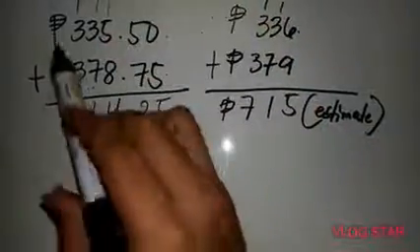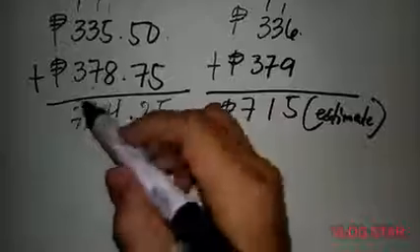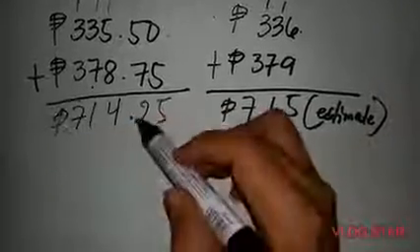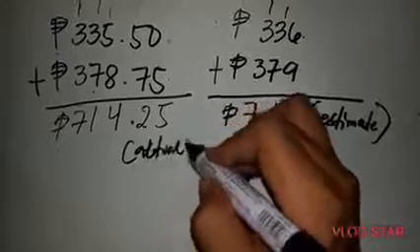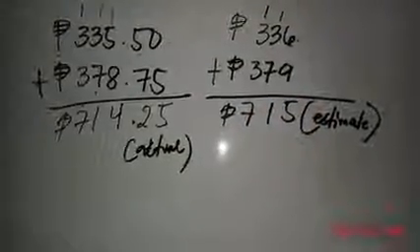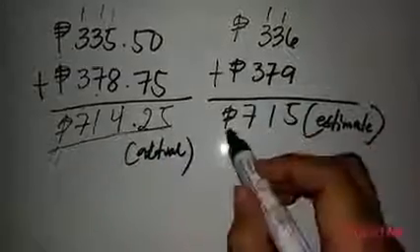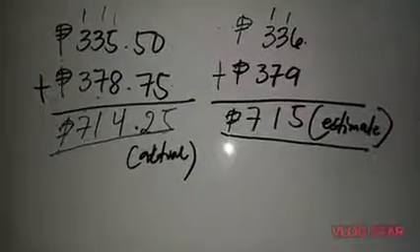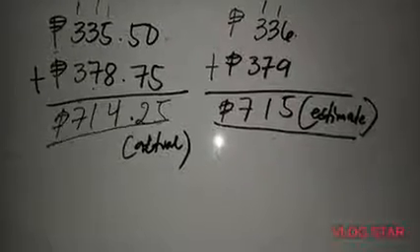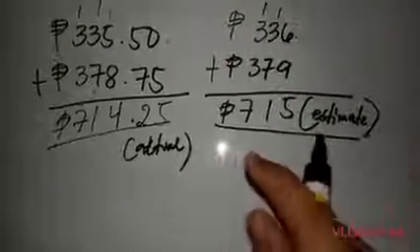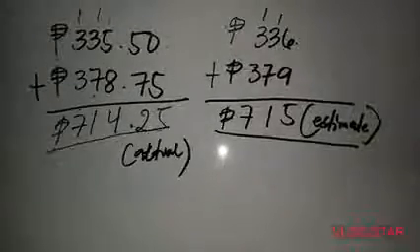Carry 1. 3 plus 3 is 6, plus 1 is 7. So this is what we call the actual total or the actual sum. As you can observe, the actual sum is close to the estimate sum, and when you estimate adding and subtracting, the answer of the actual and the estimate must be close.